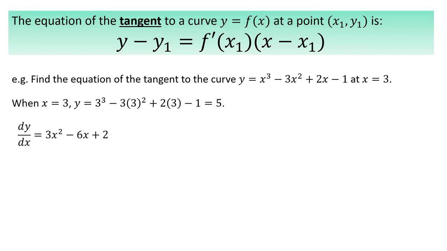So when I differentiate this, I get this. I need to find the gradient at this point, at (3, 5). So I substitute x equals 3 into my gradient function.